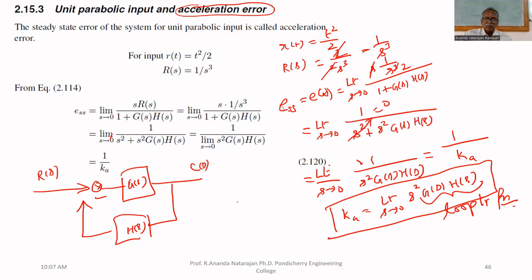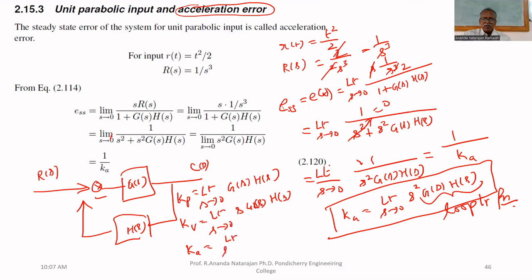Loop transfer function is multiplied by s square. Limit s tends to 0, Kp equal to what? Position error constant, limit G of s H of s, without multiplying by s. Kv equal to limit s tends to 0, s G of s H of s. What is acceleration error constant? Ka equal to limit s tends to 0, s square G of s H of s.